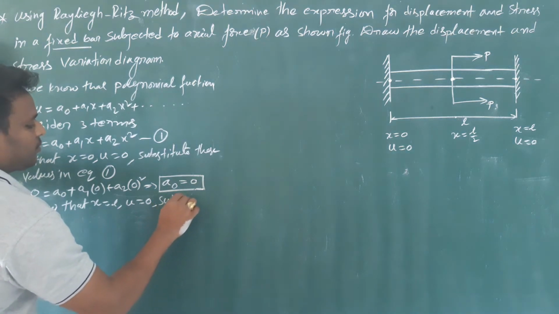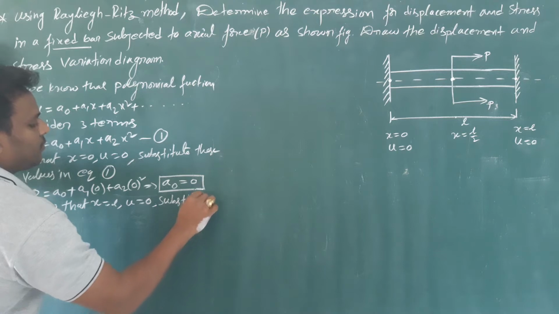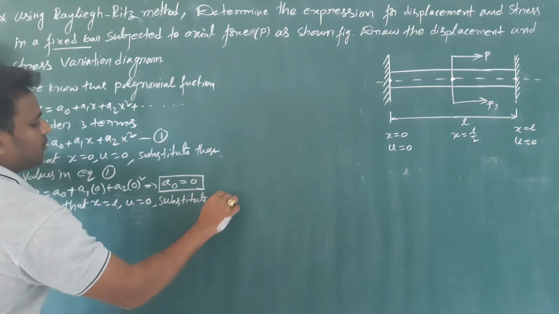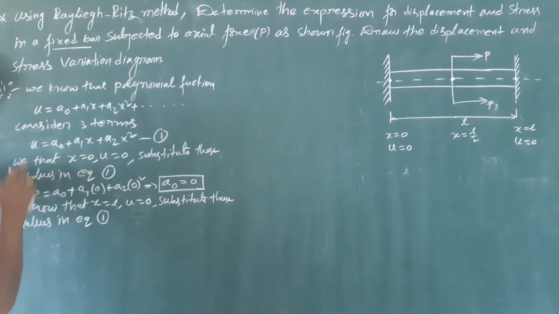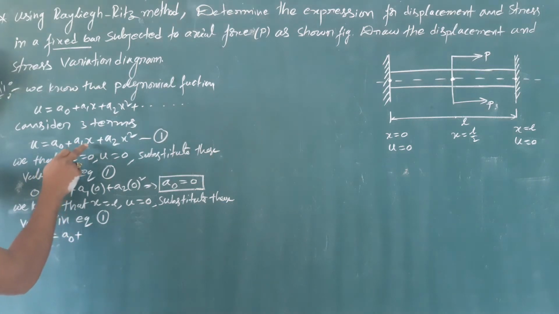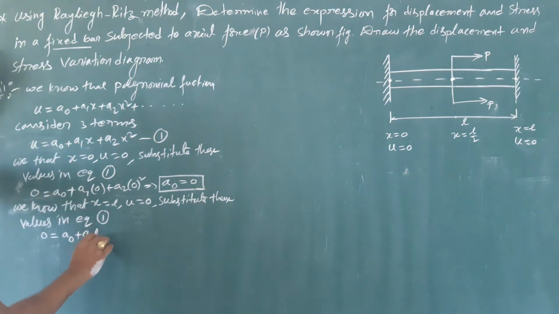Substitute these values in equation 1 and we will get another equation. Here u is 0, and a0 plus a1 L plus a2 L square.